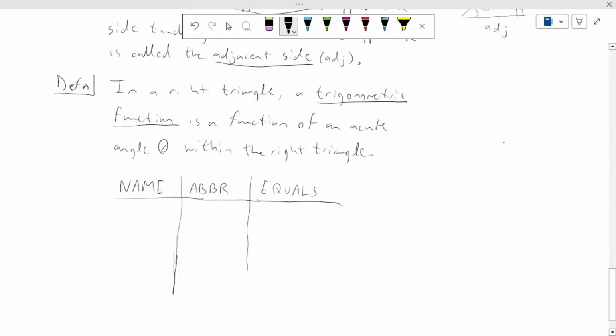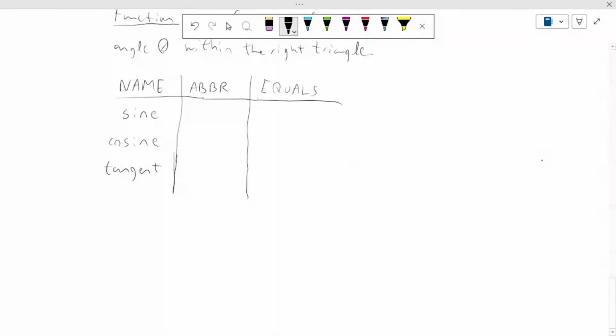The names of the functions are sine, S-I-N-E, cosine, C-O-S-I-N-E, tangent, and then we have the reciprocal functions, cosecant, secant, and cotangent. So that's the full names of those functions.